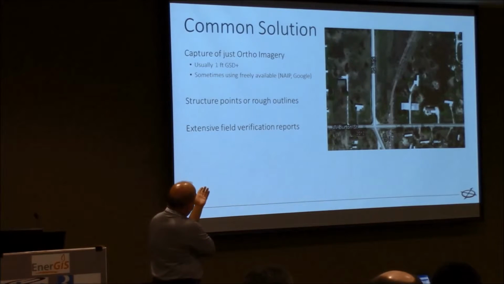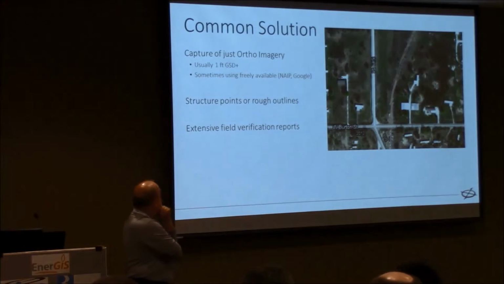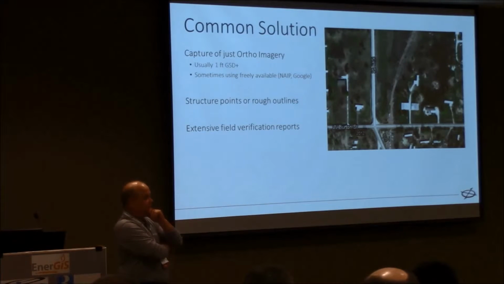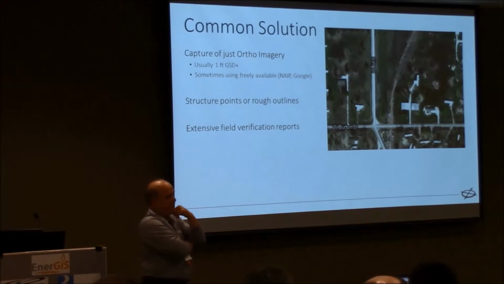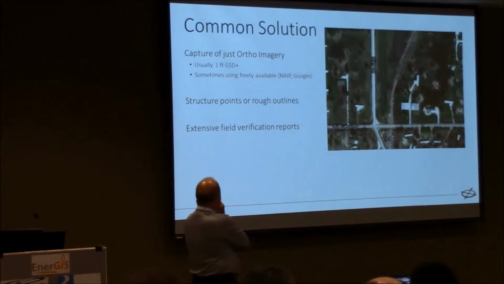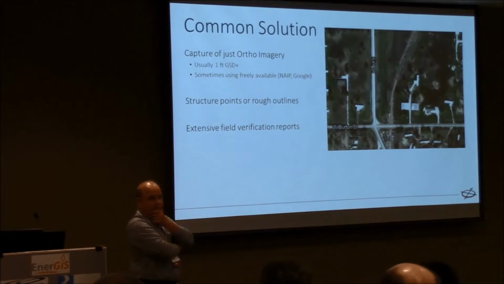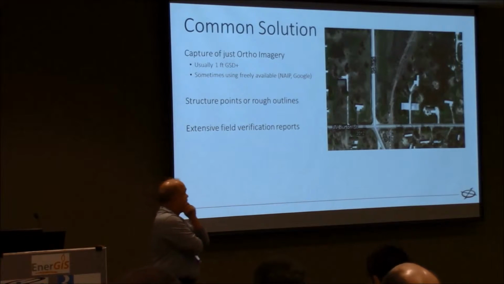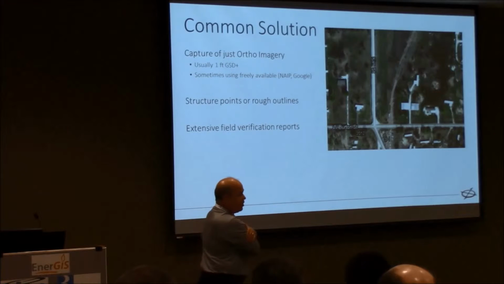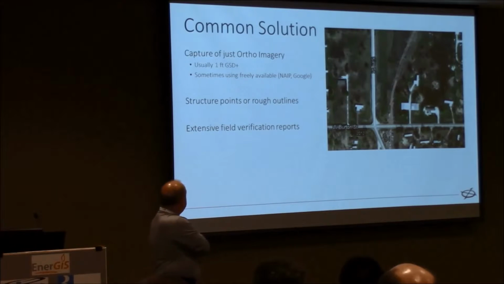So in most cases, we start out with readily available imagery that's free, either the ArcMap catalog or NAIP imagery, something in Google, whatever they can basically lay their hands on at no cost. And there's a lot of intelligence in doing that. I'm going to make a case for something other than that. But they're usually starting with that.